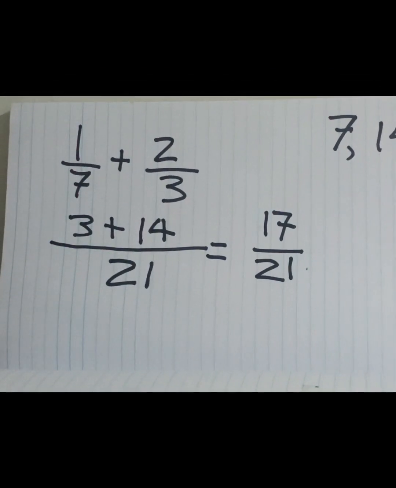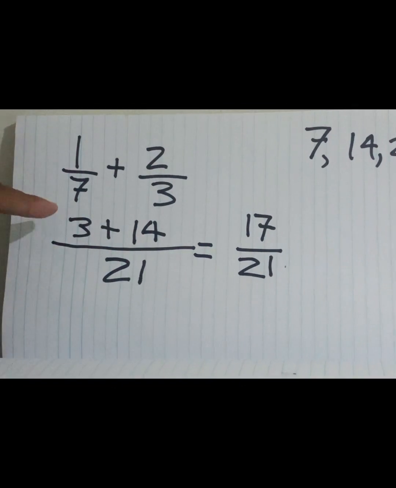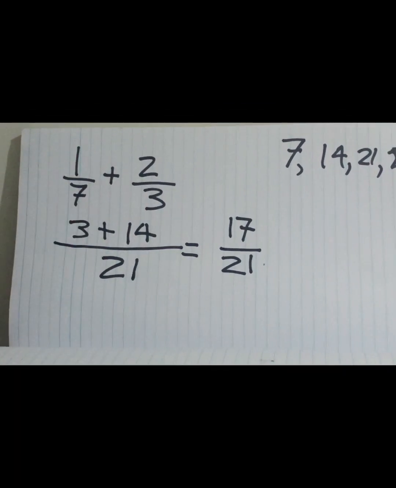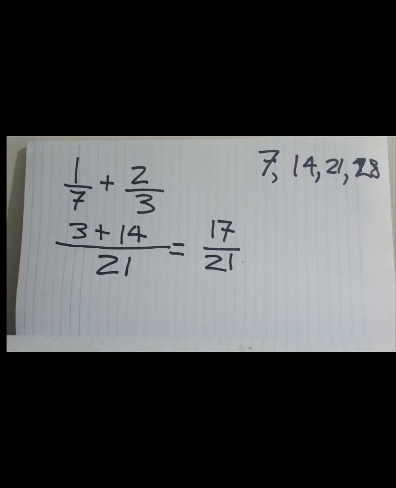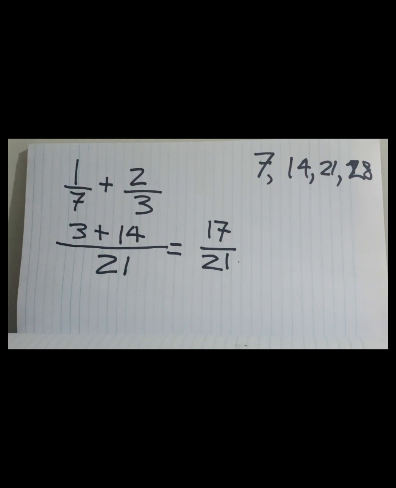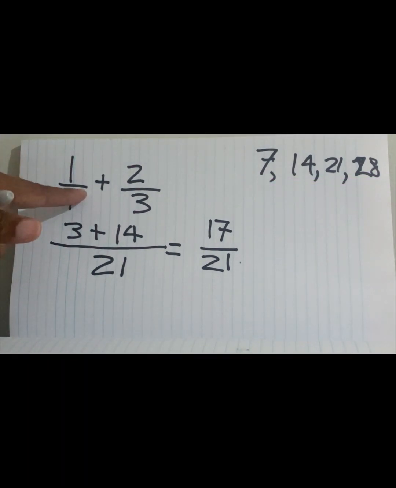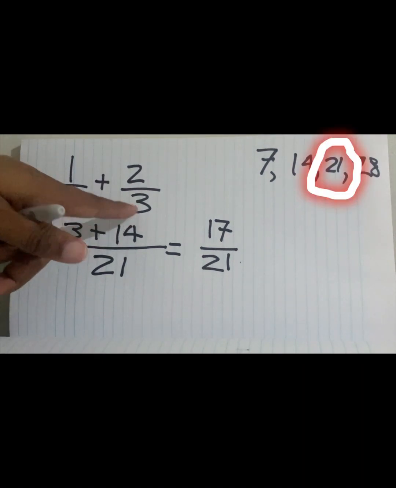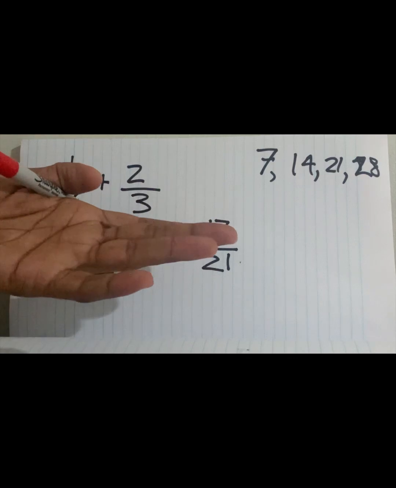So what we just did: we have two denominators which are not the same. We find the lowest number that each of them can go into without leaving a remainder. We used the larger number and found multiples of it, and then found the lowest one that 3 can go into without leaving a remainder.